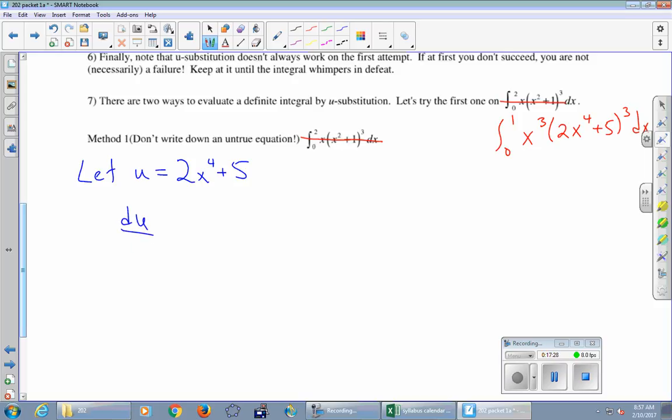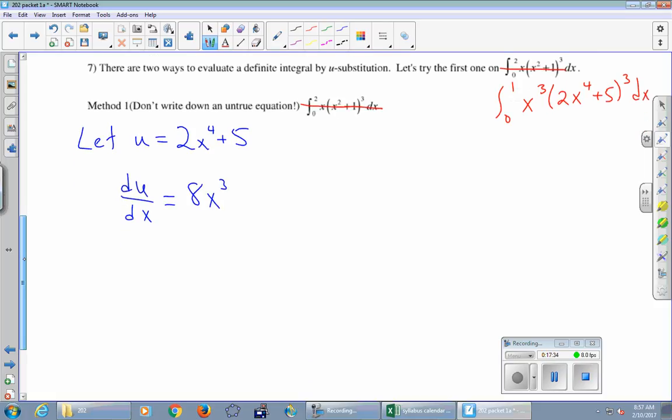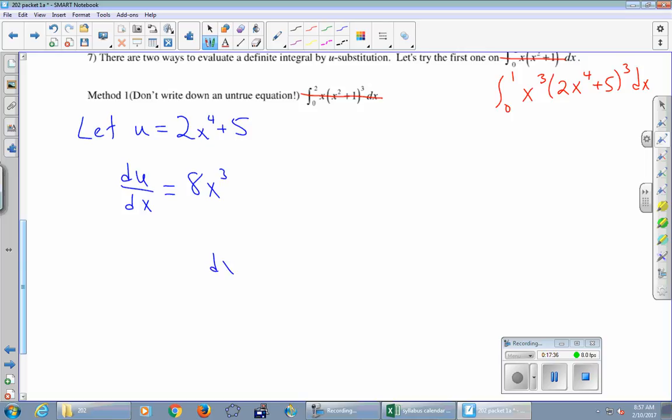Okay, so we got u equals that. We take our derivative, and we just said that was 8x to the third. And then we solve for dx. du over 8x to the third.